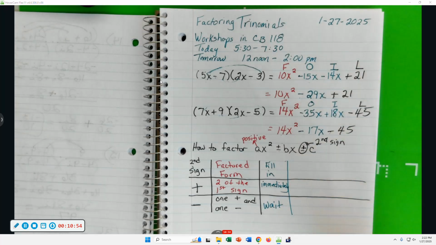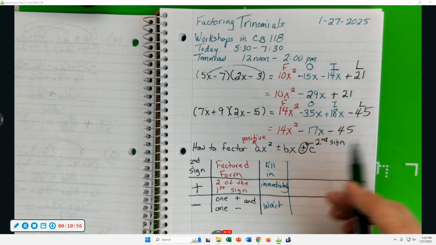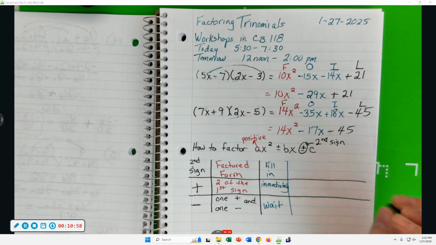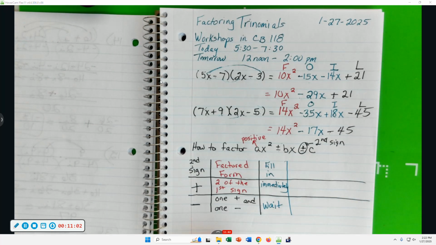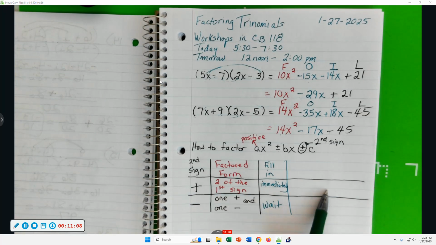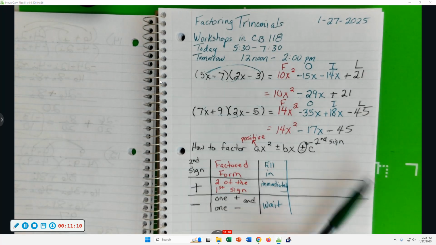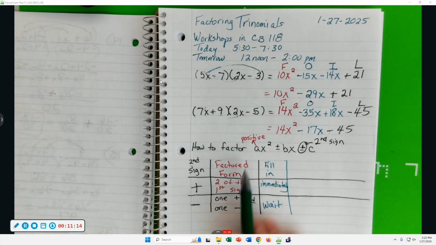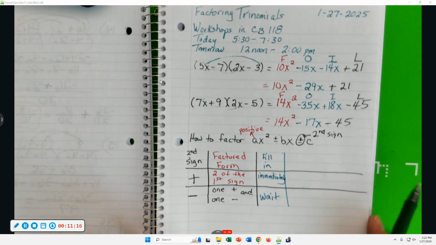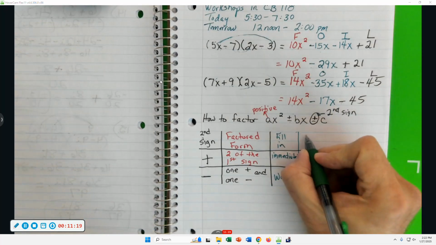Now, this last column, this is sort of unfortunate what I'm about to say. Once you know how to factor, this table will make a lot of sense. But right now, you might not get what I'm about to say here, but I'm going to write it out.